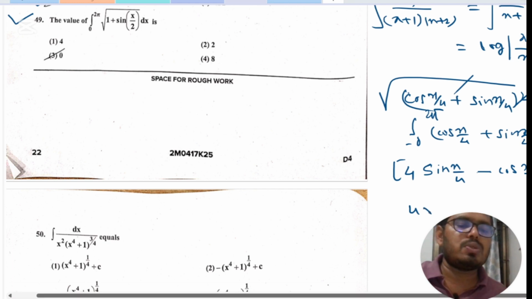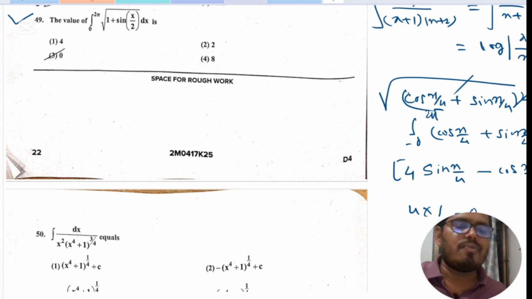Sin pi by 2 is 1, minus cos pi by 2 is 0, that is the upper limit. Minus lower limit, sin 0 is 0, minus cos 0 is 1, 1 into 4 is 4. Okay, therefore the total is 4, minus into minus plus 4 is equal to 8. Therefore option number 4 is correct.